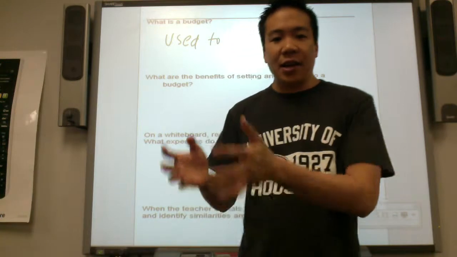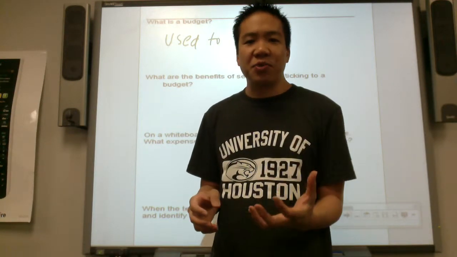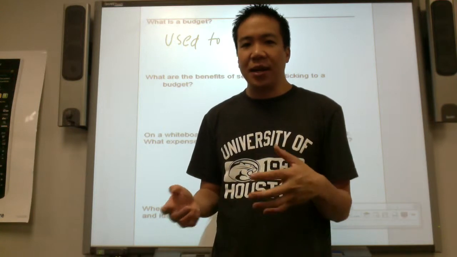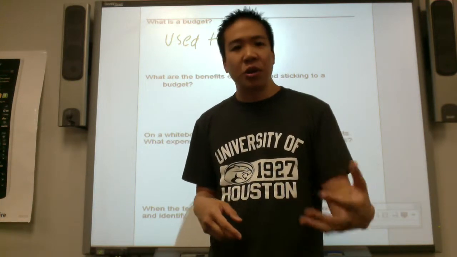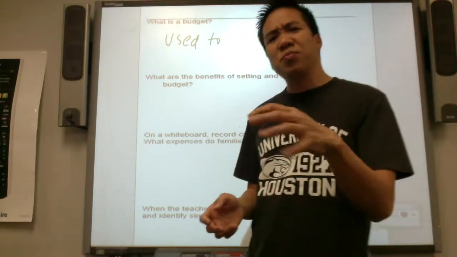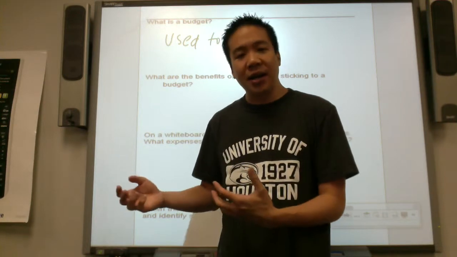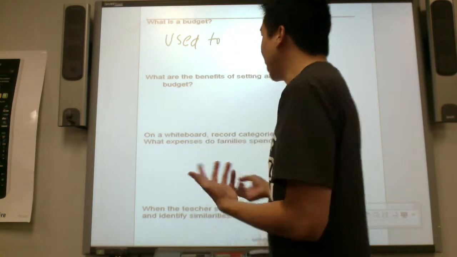So I spend like 15% on entertainment. I spend about 30% on vacation. So from that, I can tell, ooh, I'm spending a little too much money on this category. Maybe I need to save up more money. So that's the reason why we have a budget.